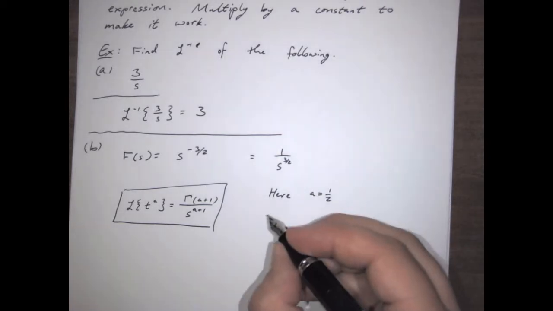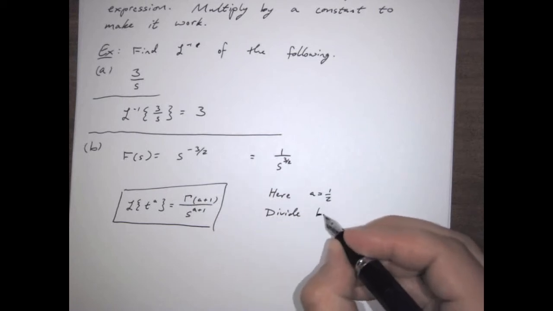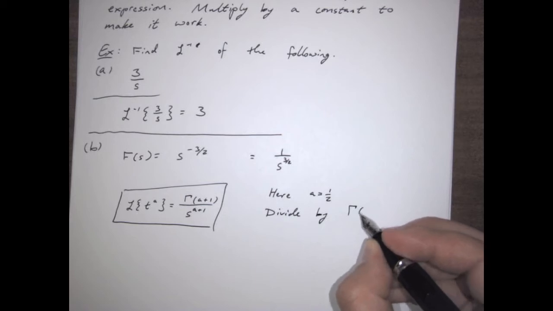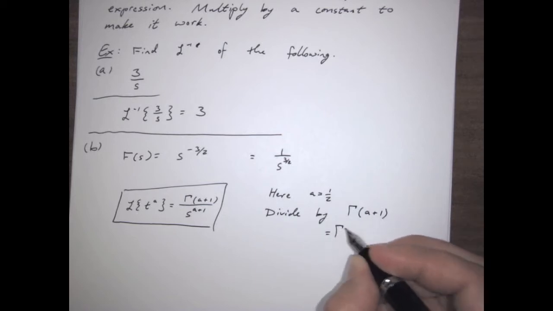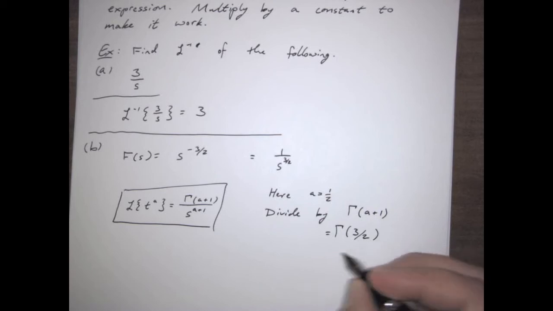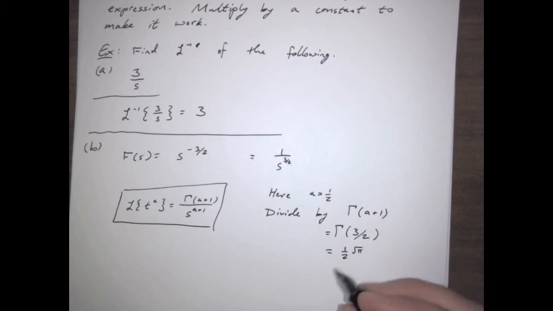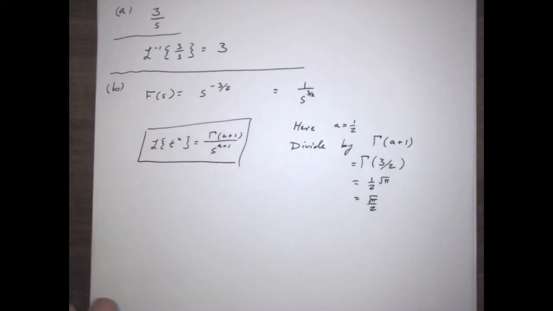But we'll have to divide by the gamma of a plus 1, which in this case is the gamma of 3/2, which as we figured out was 1/2 root pi, or in other words, root pi over 2. So we have to divide by that.